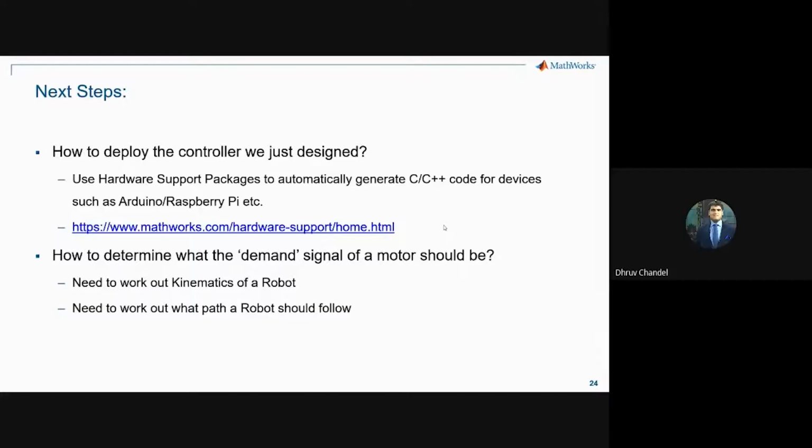Where did this demand signal come from? How is this related to robotics, right? The basic idea is that if you can work out the kinematics of a robot, which is a relatively much easier task, you can use that as the demand signal, and then you can drive the robot according to that. So I'll show you how that works next.